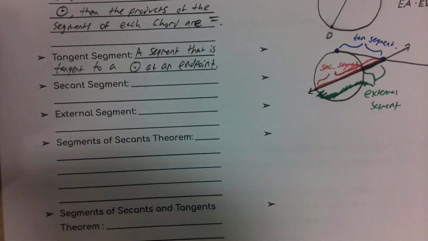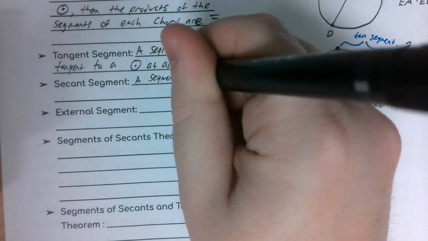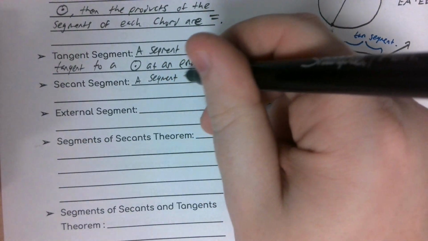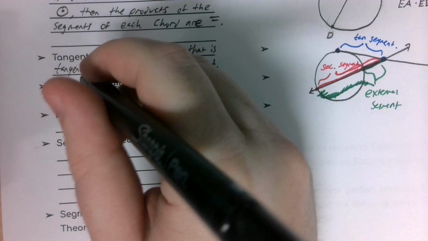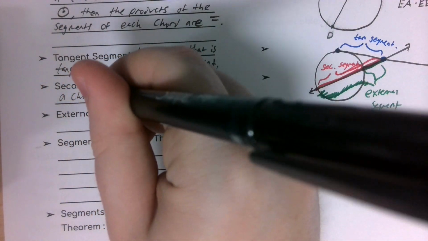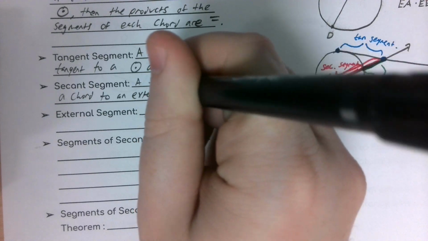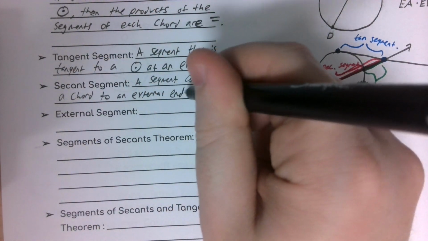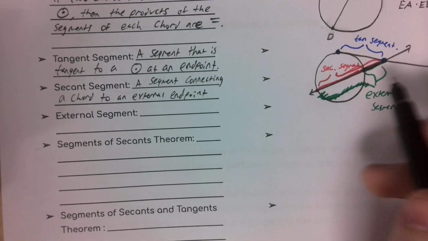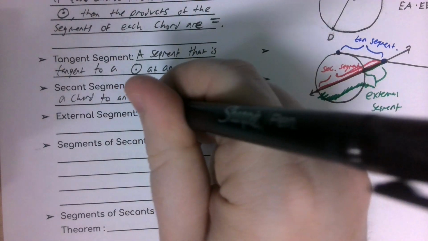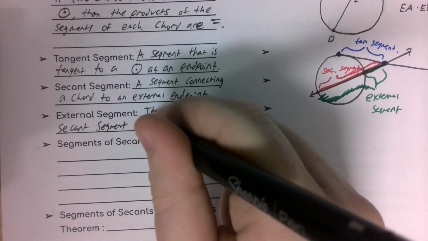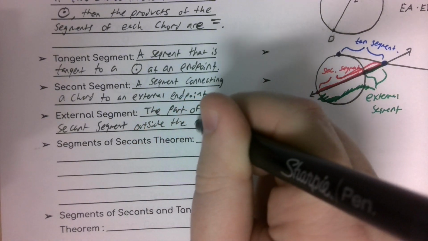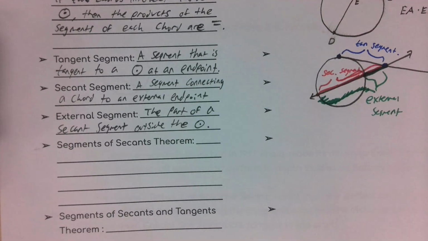The secant segment is a segment connecting a chord to an external endpoint, and the external segment is just the part of a secant segment outside the circle. There we go.